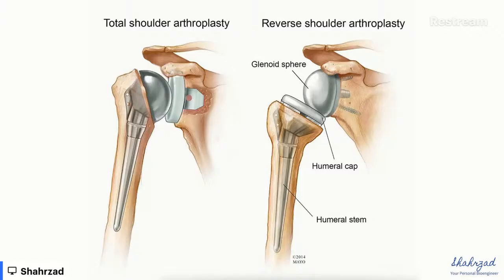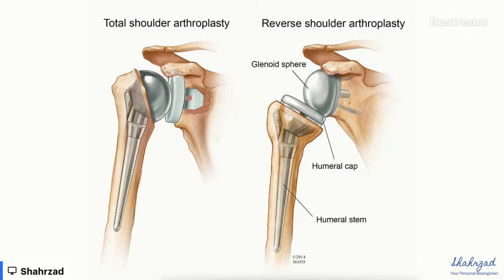So reverse total shoulder replacement may be indicated for conditions that include, for example, completely torn inoperable rotator cuffs and rotator cuff tears in association with arthritis. For example, cuff tear arthropathy.